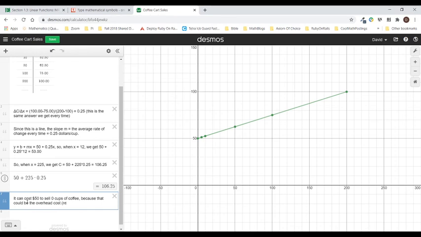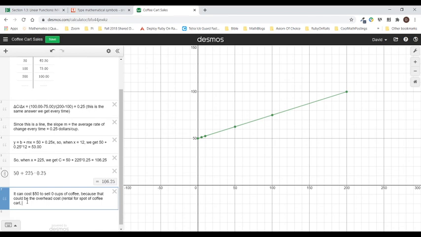The rental for the spot for the coffee cart. Payment for person working. Other materials.